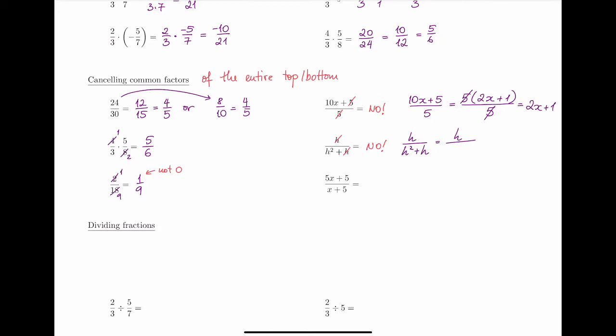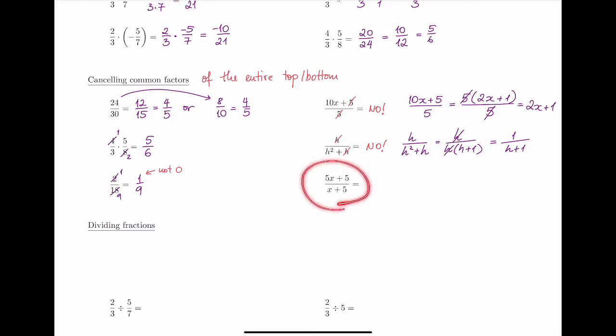I notice that indeed here I can factor out h from the bottom. We'll have h plus 1 left. And now I can cancel these two h's out. Notice once again that it's not that I have nothing left. I have 1 left on top and h plus 1 on the bottom. And this is as simplified as this expression can get.